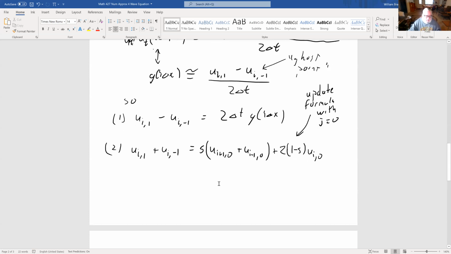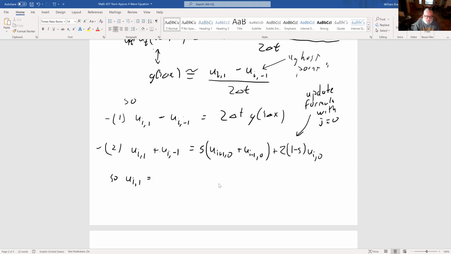And why we like that is because now we've got two equations with a minus and a plus on our u_{i,-1}s. And so u_{i,1} is, we add these two equations 1 and 2 together and divide by 2.